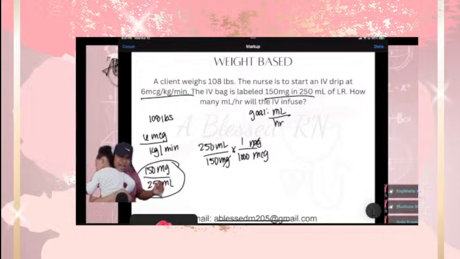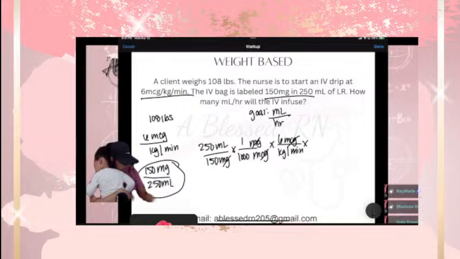So it takes 1,000 little crumbs to come together and make one big cookie, right? Yes, it does. So 6 micrograms per kilogram per minute. Microgram crosses out, and then we've got our weight, which is in pounds. So 1 kg is 2.2 pounds.